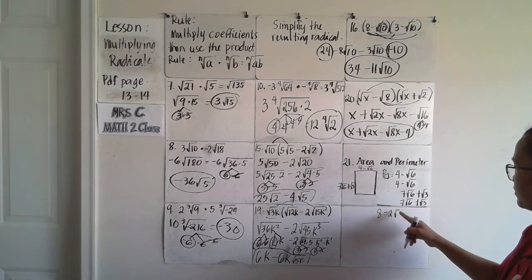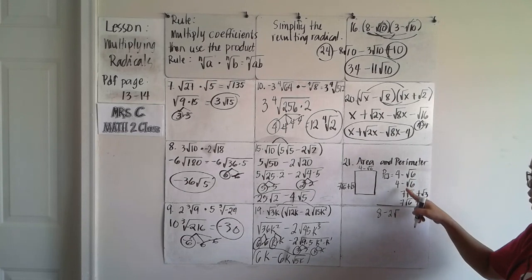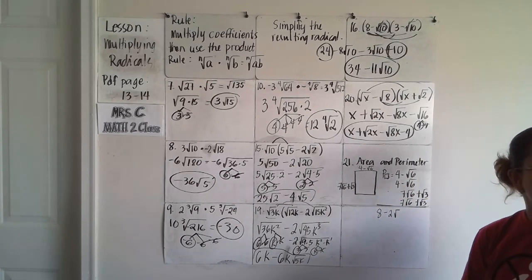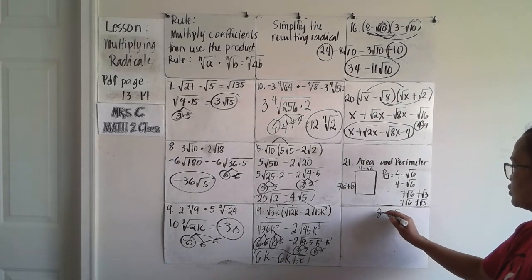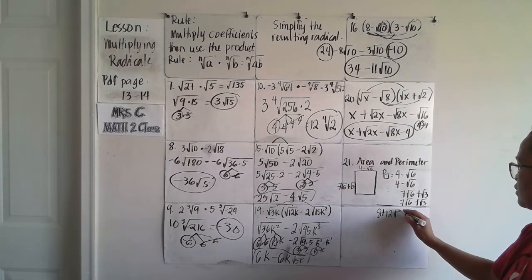Oops, here. So this is 2. That's 7 plus 7 is 14. 14 minus 2 is 12. So that's plus 12 square root of 6.